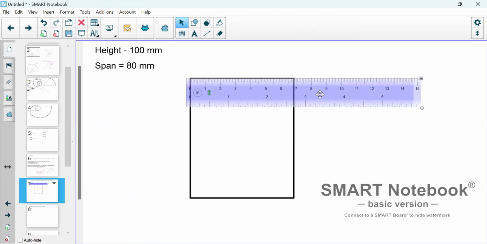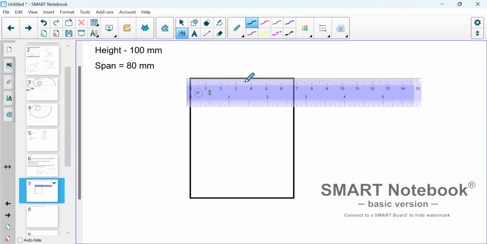I just want to mark the center of that because we need to divide the span in half.